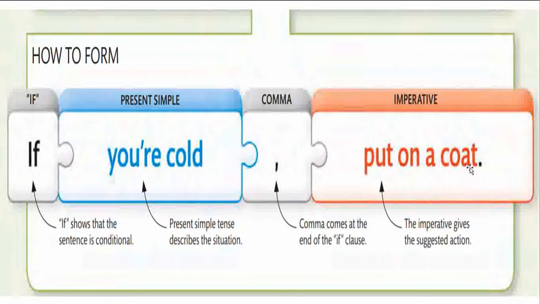Put on a coat is the imperative, full stop. The imperative gives the suggested action, the comma separates the if clause, and the if clause is in simple present tense. So the sentence is: if you are cold, put on a coat. After analyzing the structure, you may correct the sentences that you have already constructed.